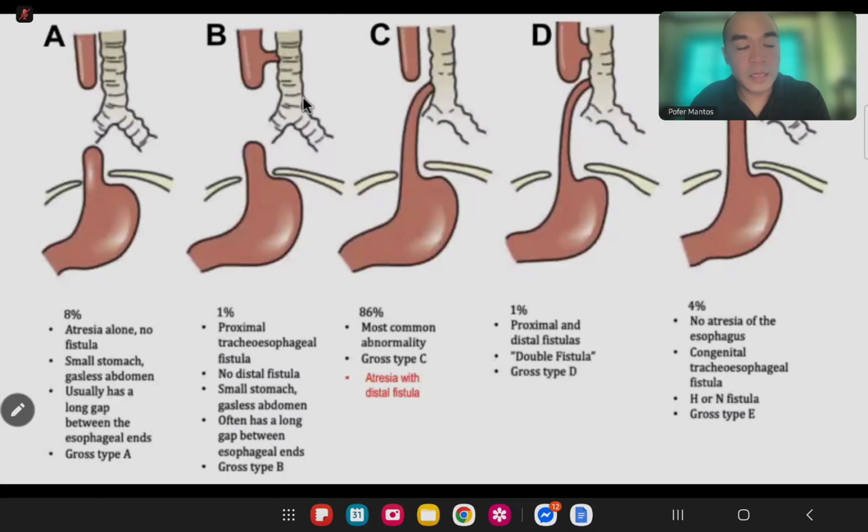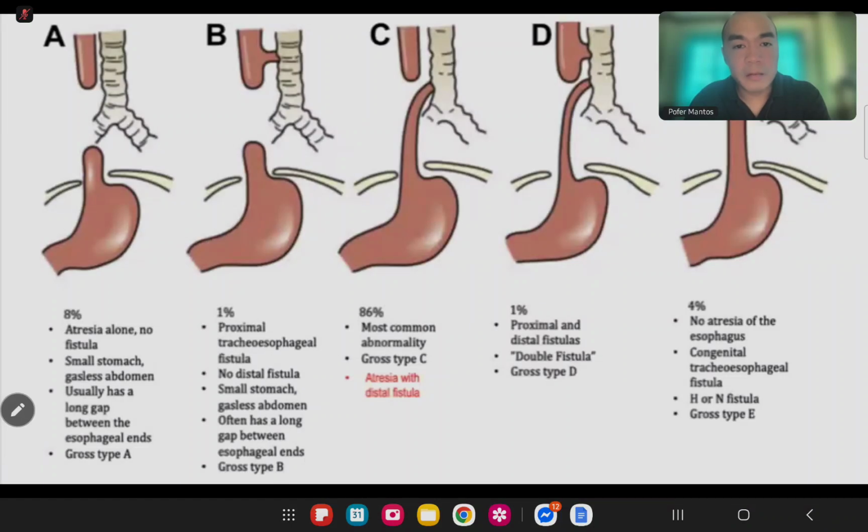There's no fistula. And then type B, not very common, has atresia plus a proximal TEF. Type C, I've mentioned that. Then type D has both the proximal and the distal fistula.